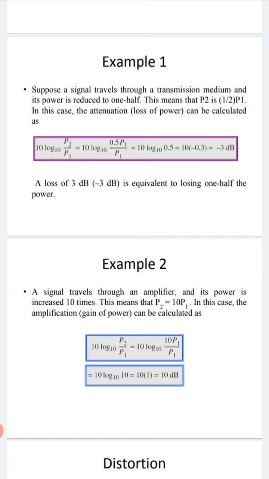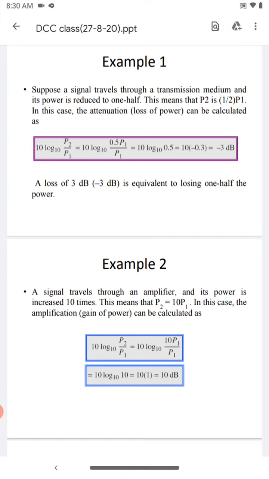That is equal to 10 log 1 by 2, that means 0.5. So P2 equals 0.5 P1. So we can write 10 log 0.5 P1 divided by P1.